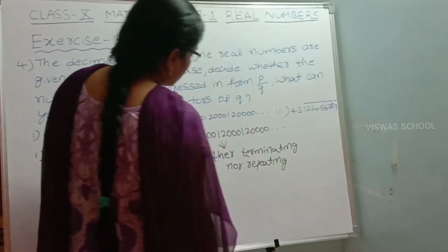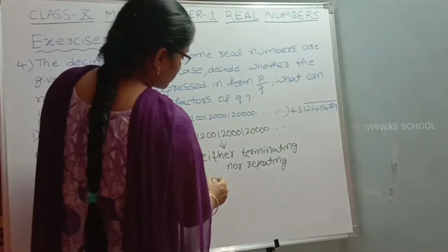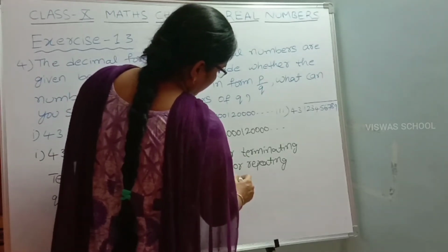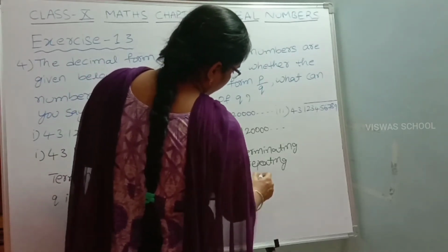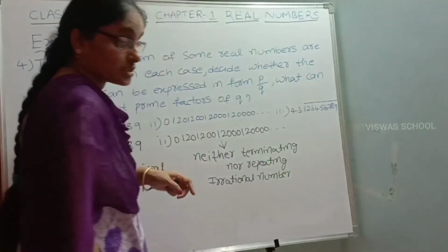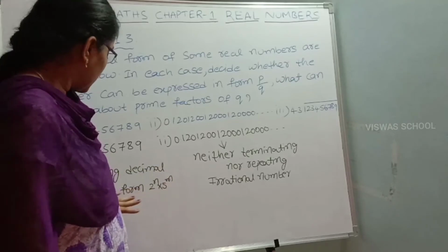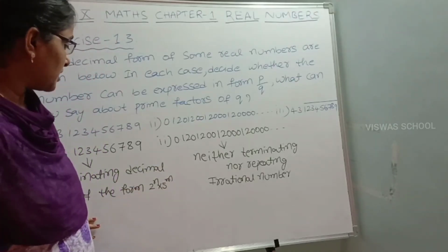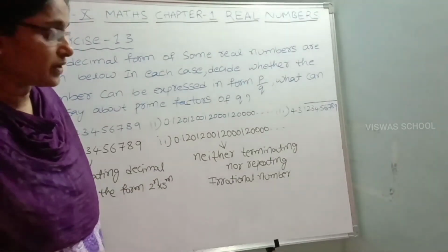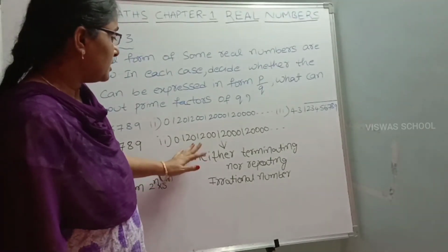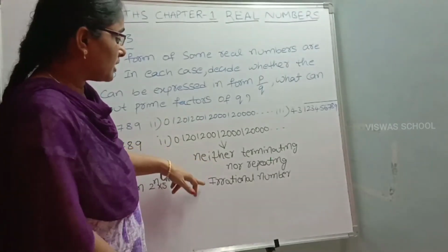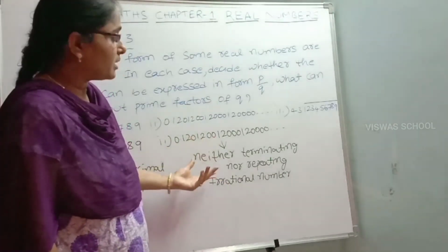That is, this is called an irrational number. If the decimal expansion terminates, the denominator is in the form of 2 power n into 5 power m. But here the decimal expansion is neither terminating nor repeating. Therefore, it is an irrational number.